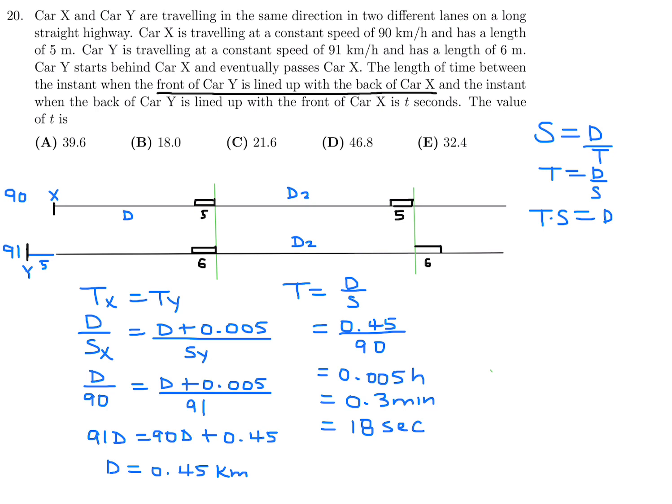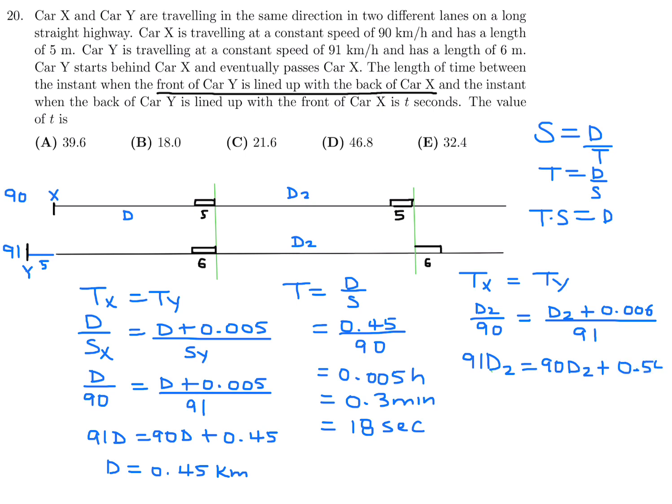Same kind of thing: the times will be equal, so the time for X is equal to the time for Y. So D2 over 90 equals D2 plus 6, converted to kilometers by dividing by 1,000, over 91. Cross multiplying, 91 D2 is equal to 90 D2 plus 90 times 0.006, which is 0.54. Therefore D2 is equal to 0.54, in kilometers.